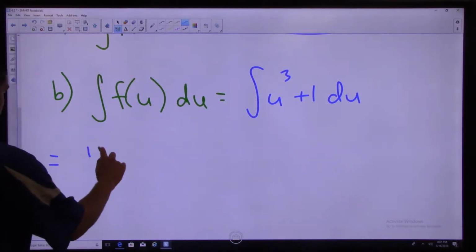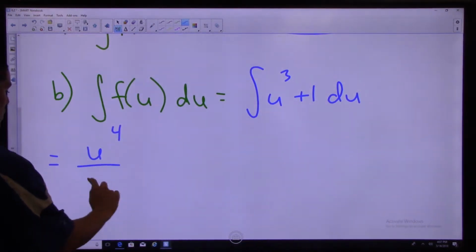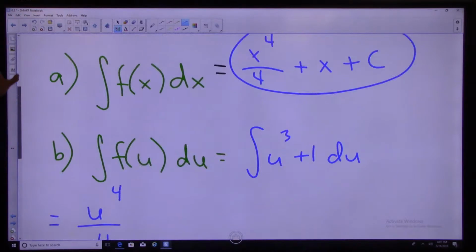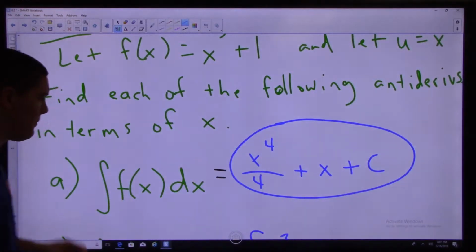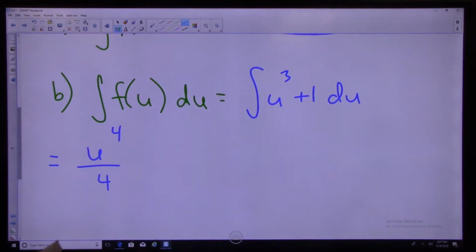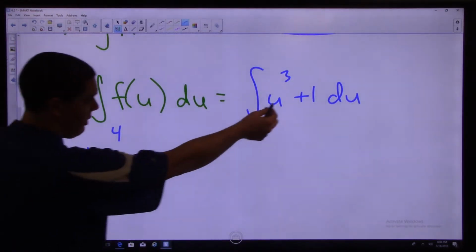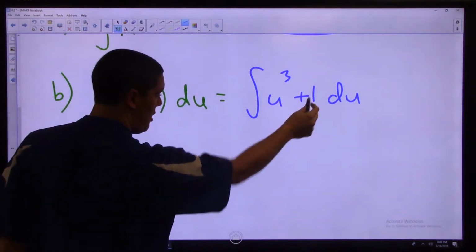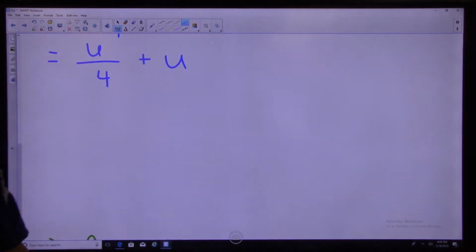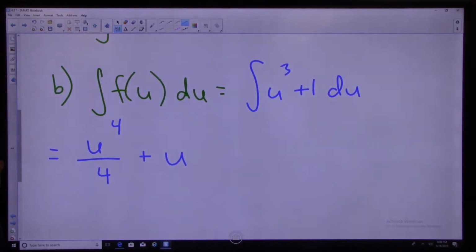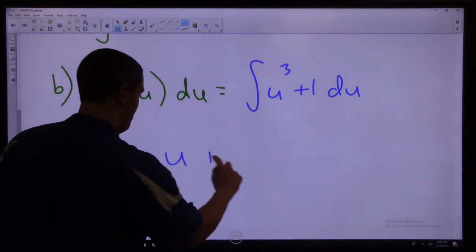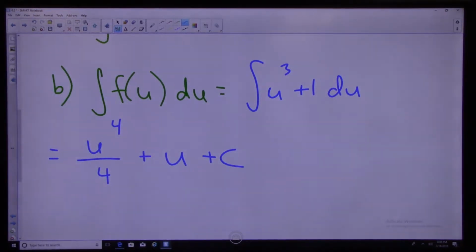We start with u to the 4th over 4, just like last time: add 1 to the exponent, divide by the new exponent. So instead of x's, we've got u's. Then the 1 becomes u instead of x. And then plus c.